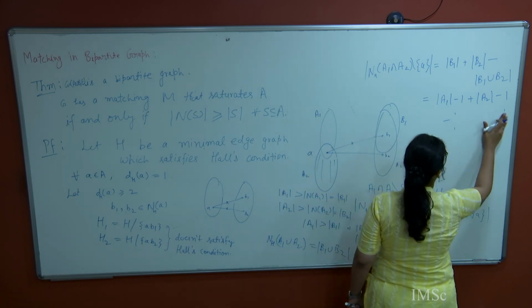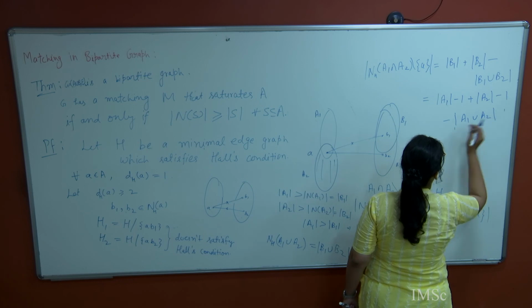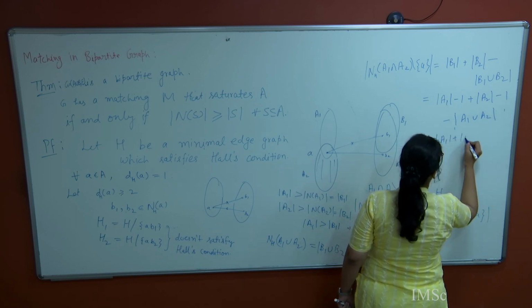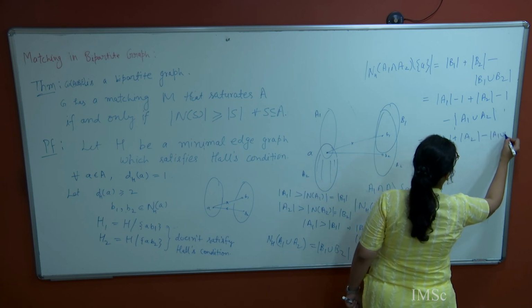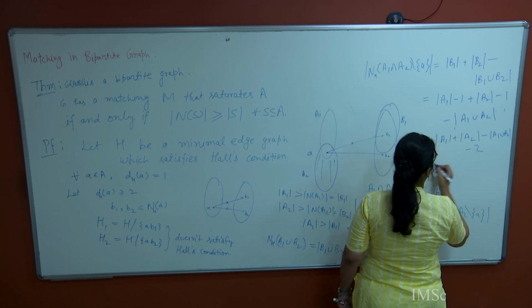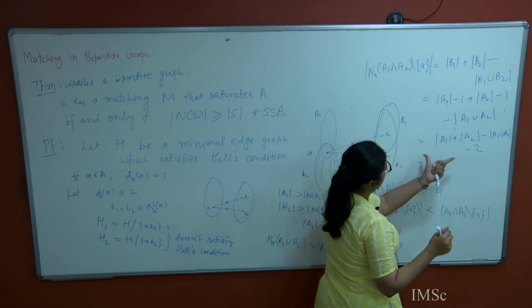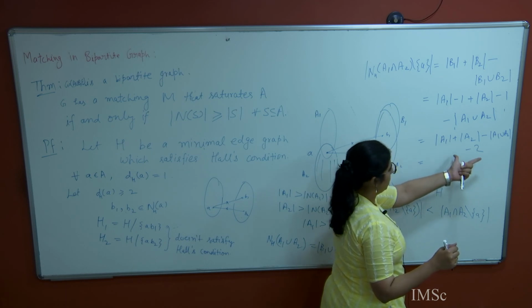So we get the cardinality of A1 minus 1 plus the cardinality of A2 minus 1, which is the cardinality of A1 plus A2 minus 2, and what is this? This is the cardinality of A1 plus A2 minus the cardinality of A1 union A2.